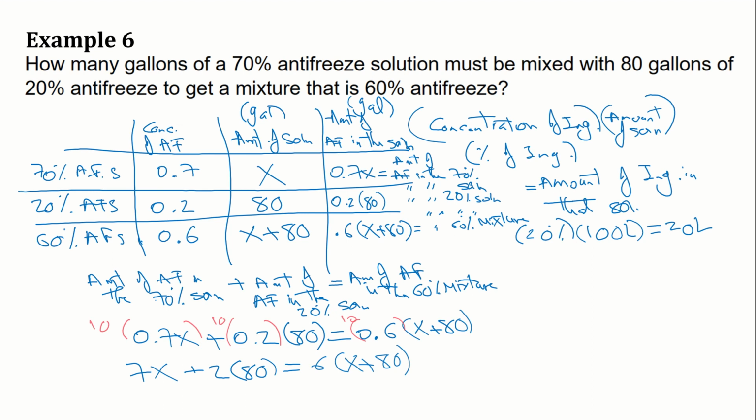So we get 7x plus 160 equals 6x plus 480. Now we'll go ahead and move the 6x to the other side by subtracting 6x from both sides. And we'll move the 160 to the other side by subtracting 160 from both sides.